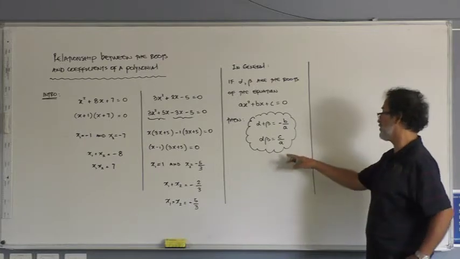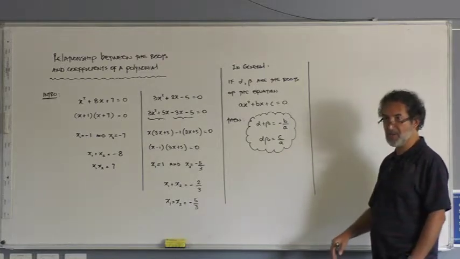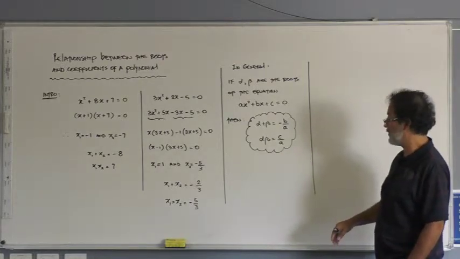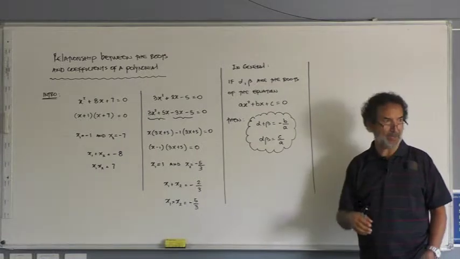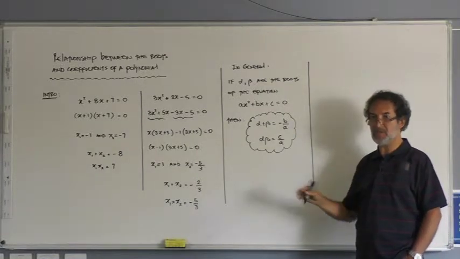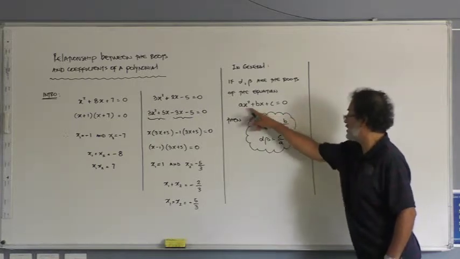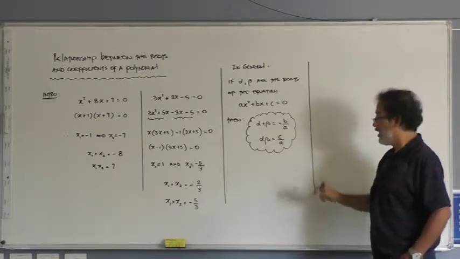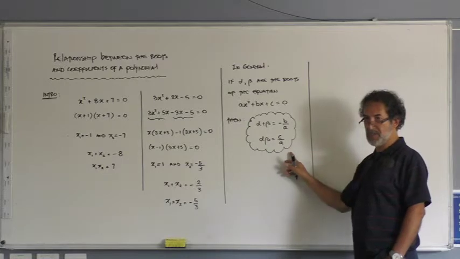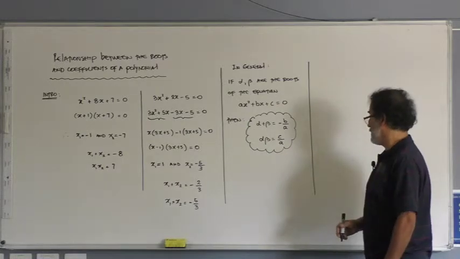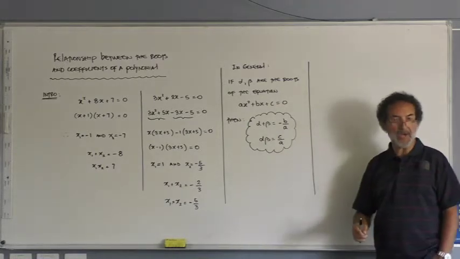Somebody probably did that a long time ago, discovered that there was a pattern, and established the relationship between these coefficients and the solutions. But we're going to have to prove this. And the proof is not hard.